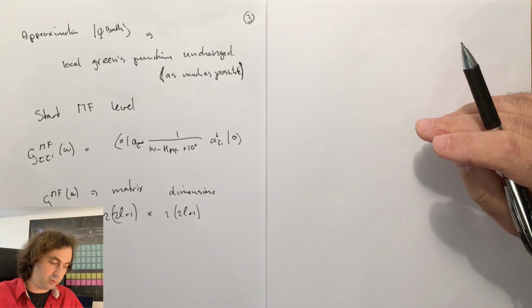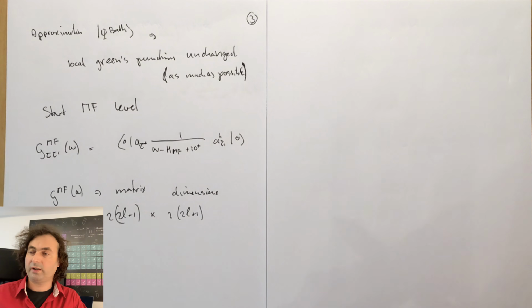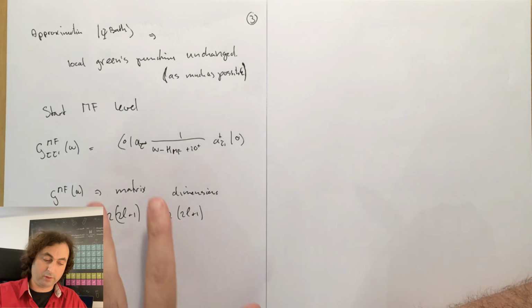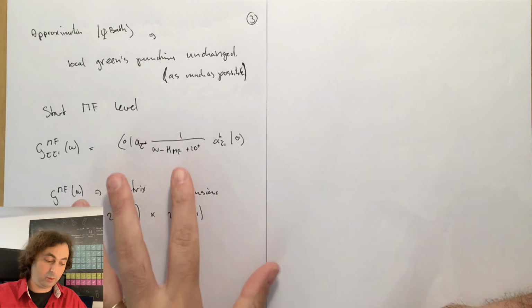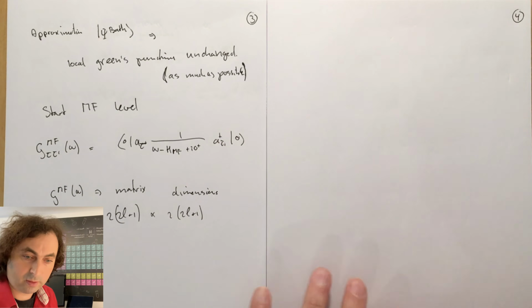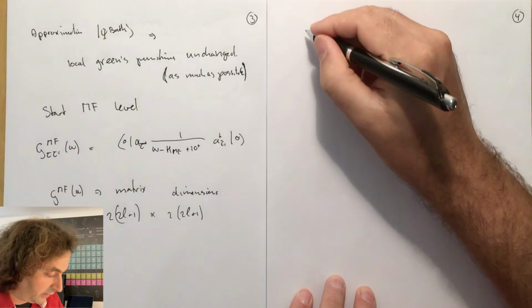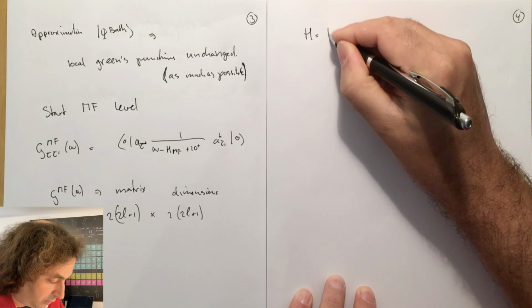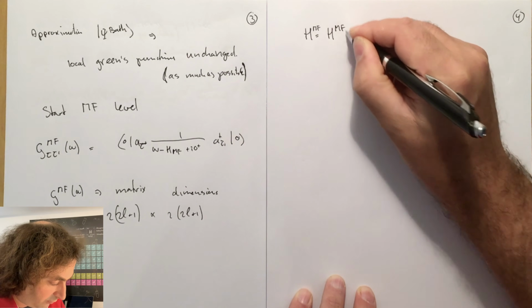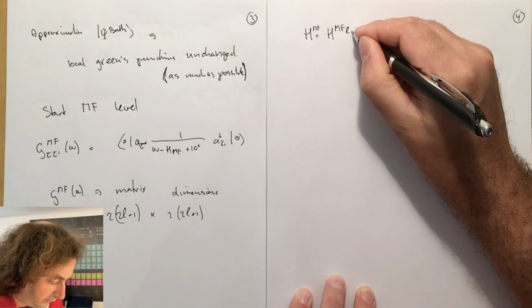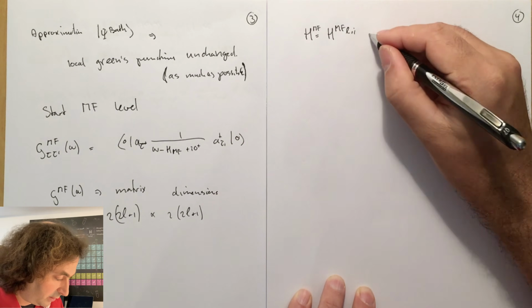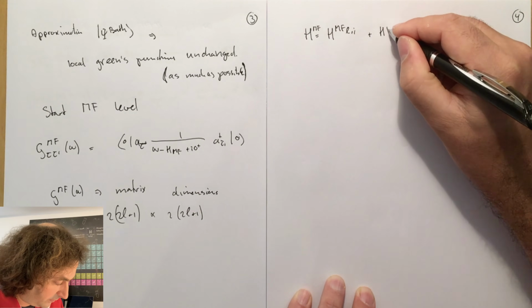Now I want to be able to talk about the local side and the bath. So I want to know what the influence is from the local Hamiltonian and the bath on my Green's function. So for this we can always write our Hamiltonian as a sum over the local Hamiltonian on a mean field level, and that is the Hamiltonian acting on the L shell on site i, plus the rest.